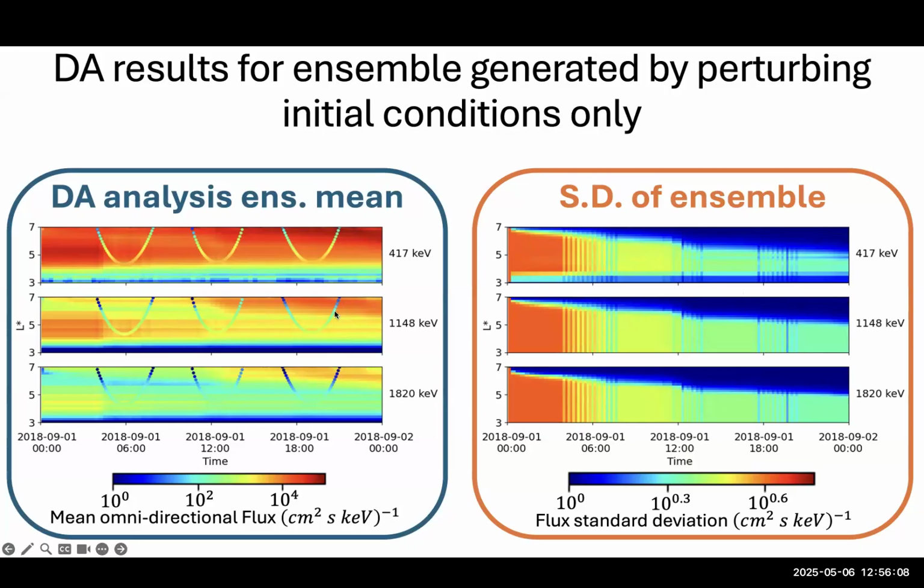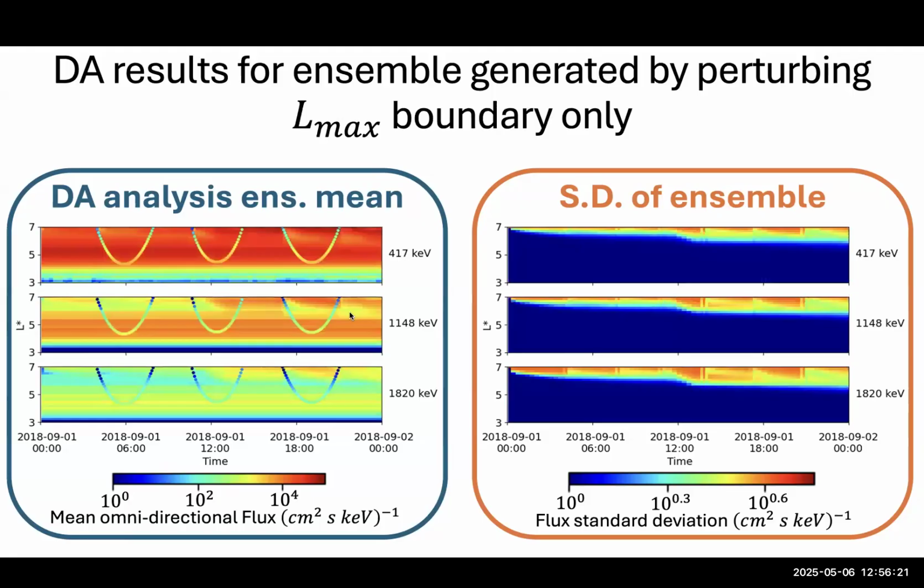And so the DA is saying, okay, there's no spread there. The model must be perfect. So don't move towards the observations. So yeah, if we do the opposite and look at just perturbing the Lmax boundary, we can see that we get the inverse, basically. The area of no spread is now here, so we're getting no change.